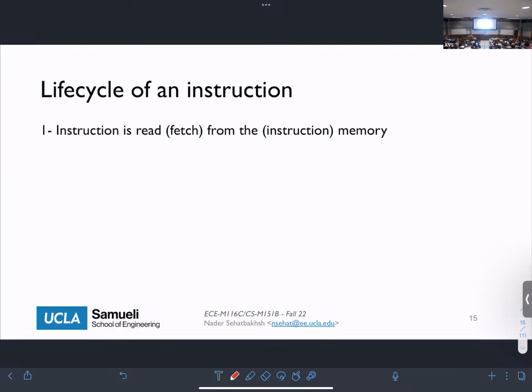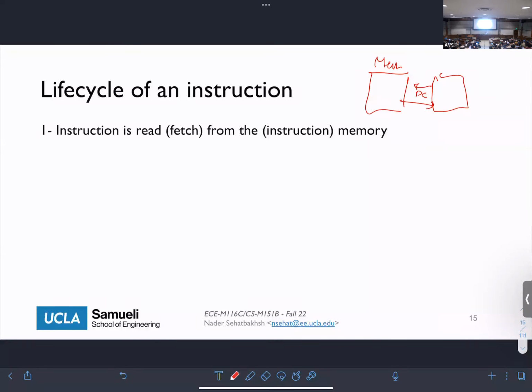Remember, we said that the CPU uses the register PC to go to the memory and read the instruction from it. This is what we call fetching instructions. The first thing for every instruction is that we have to go to the memory and bring that 32-bit value to our CPU.